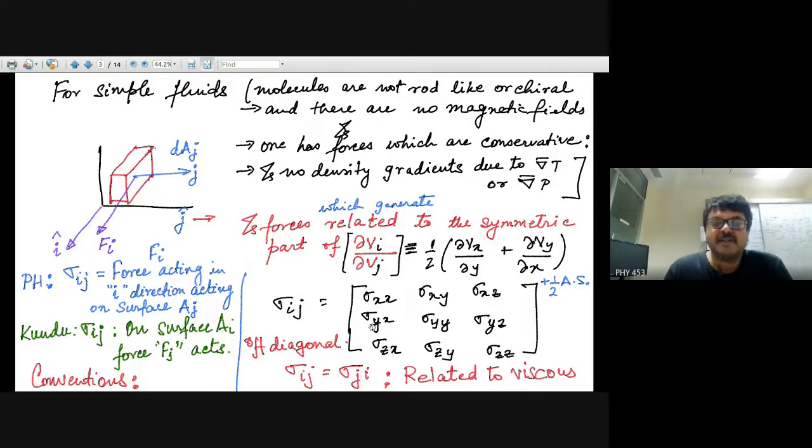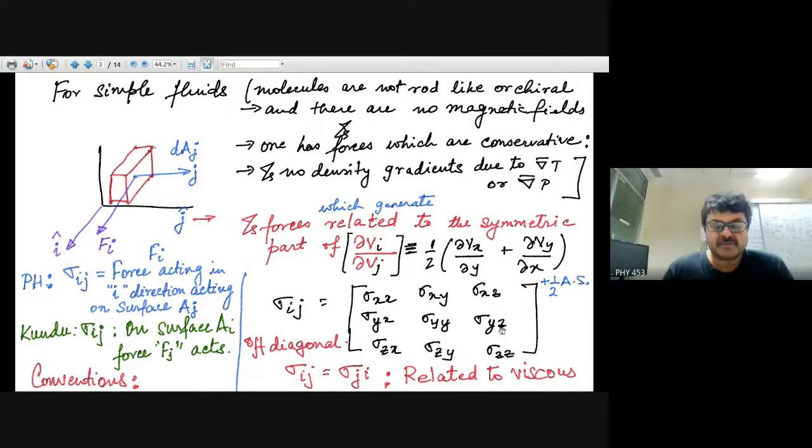And similarly here you have force acting in the y direction on a surface element whose normal is in the x direction, the y direction, and the z direction, right?